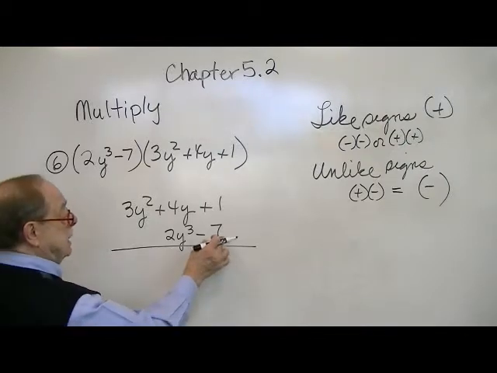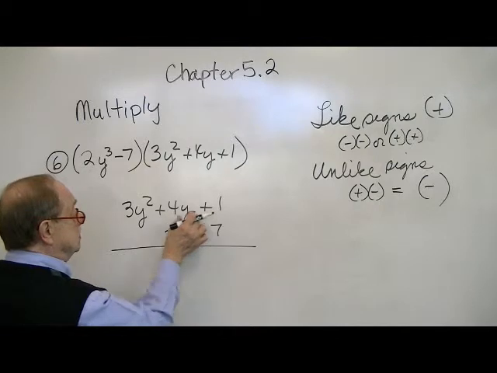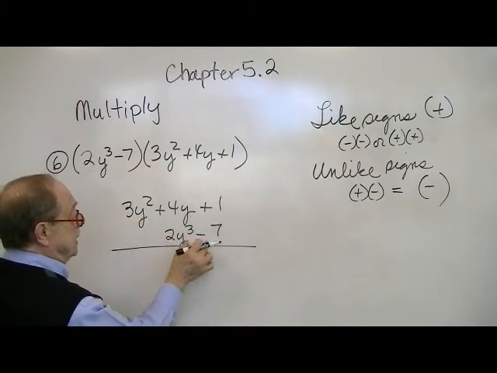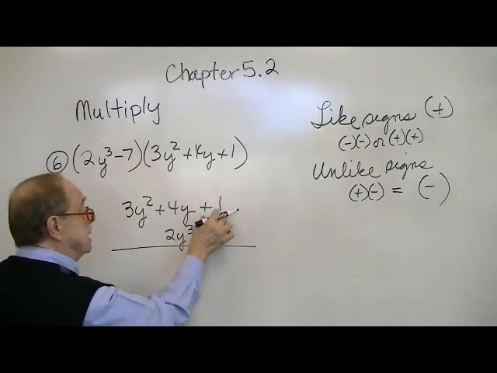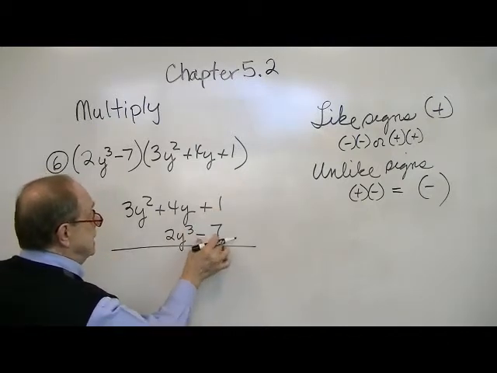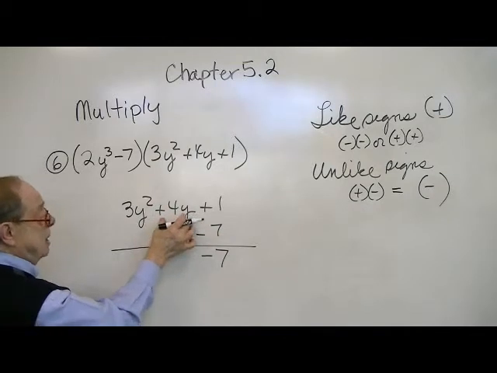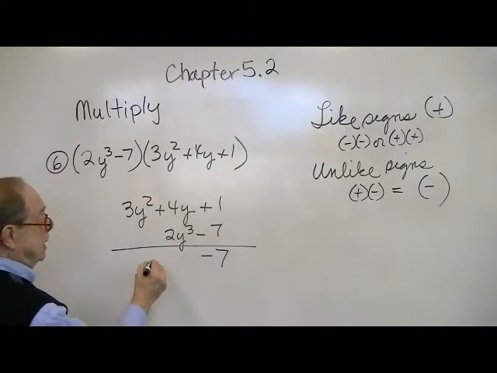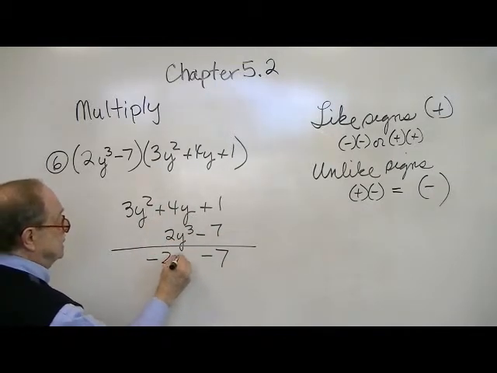So basically we're going to take the negative 7 and multiply it by each term up here. So negative 7 times 1 is a negative 7. Negative 7 times a positive 4y will be a negative 28y.